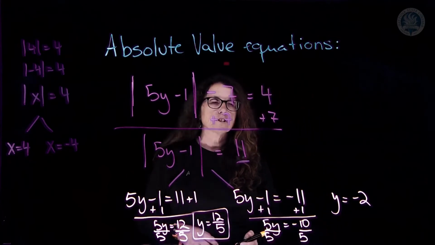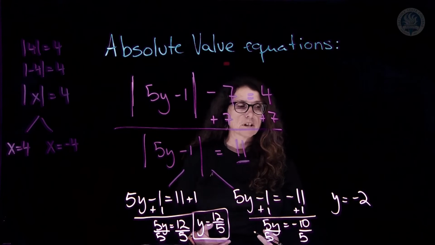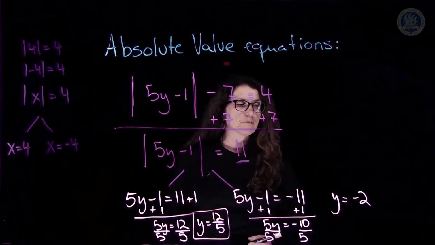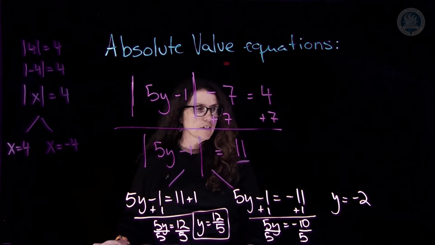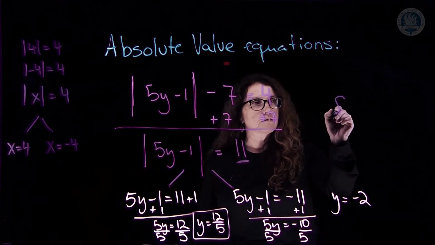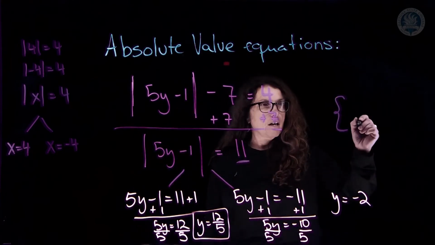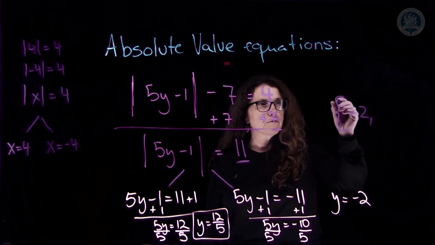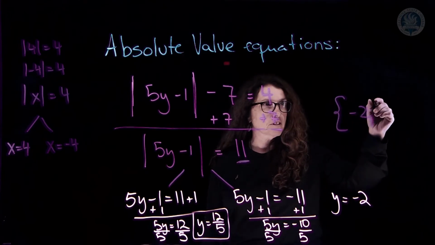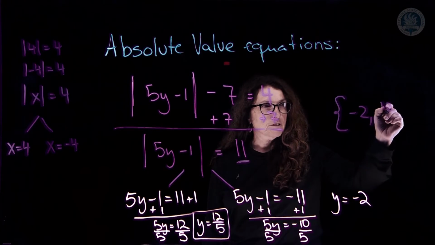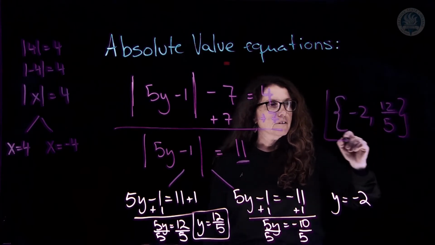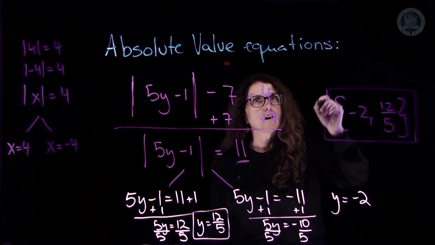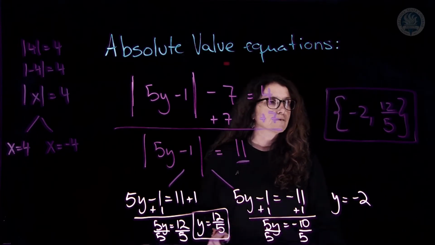Again, if we check them, they both will make this absolute value equation a true statement. And when we have absolute value equations, we like to write the solution like that. Negative 2, with, I call them fancy braces, negative 2, comma, 12 over 5. Here you go. That is how you solve an absolute value equation.